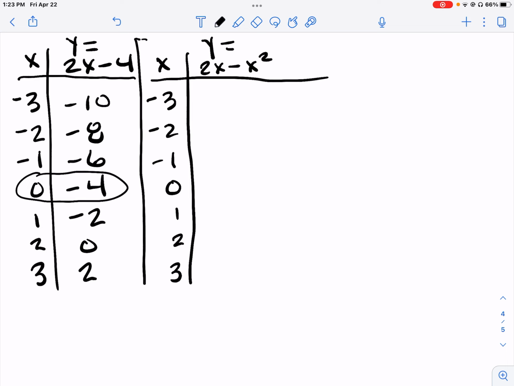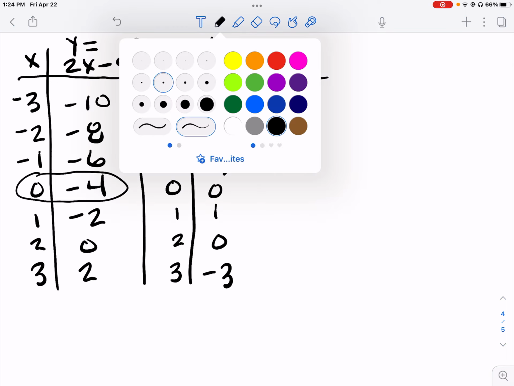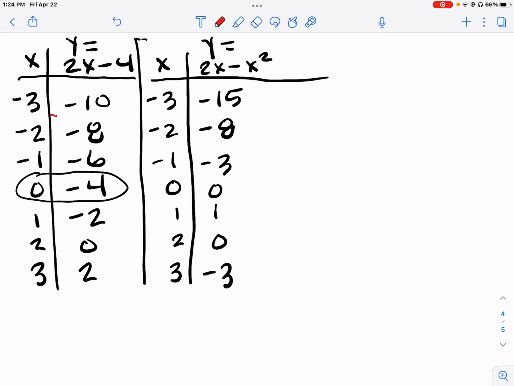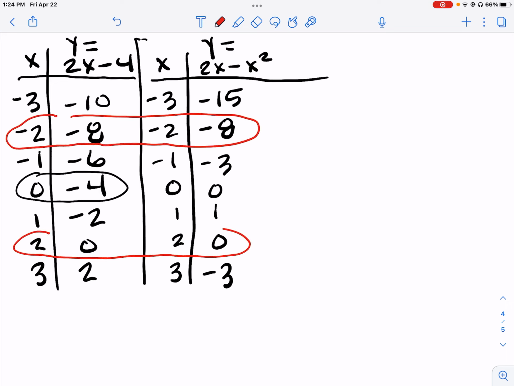Okay, when you plug in, I don't have enough space to work it out, but you plug in -3 for x. Okay, notice we said that the graphs intersect at -2 and +2.